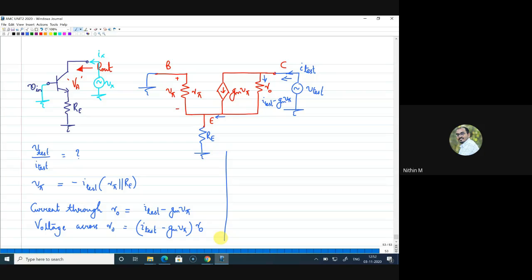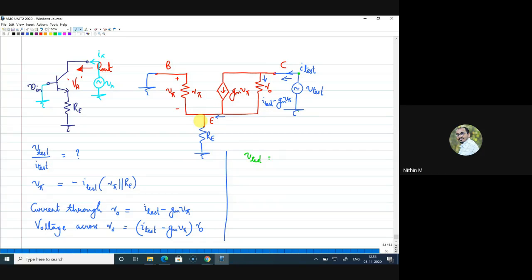Now, look at the circuit diagram. You can see that V test is connected from this point to ground, right? So, if I want to write what is V test, I can write the drop across R naught and the drop across Re, where R pi and Re are in parallel. That in turn is equal to V test, because V test is from this point to ground, from this point to here you have R naught, and from here you have Re parallel to R pi.